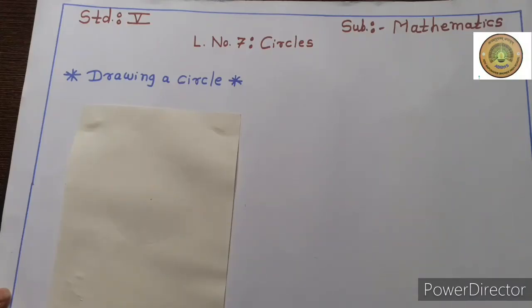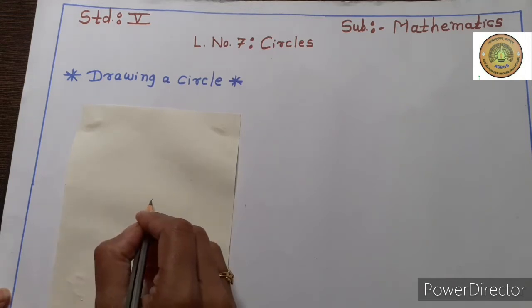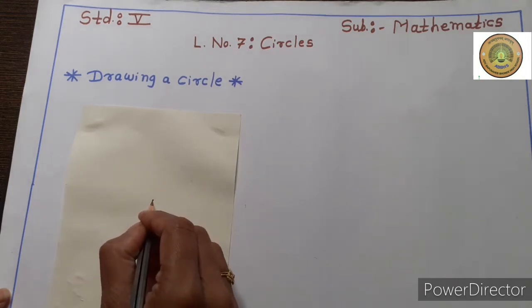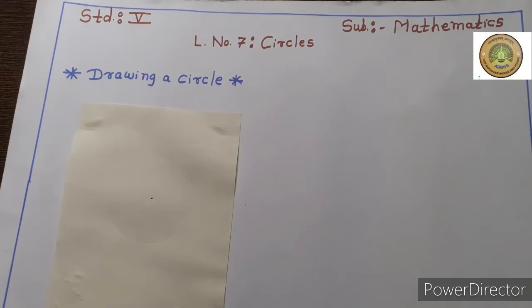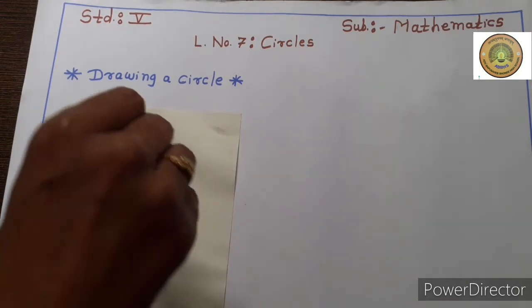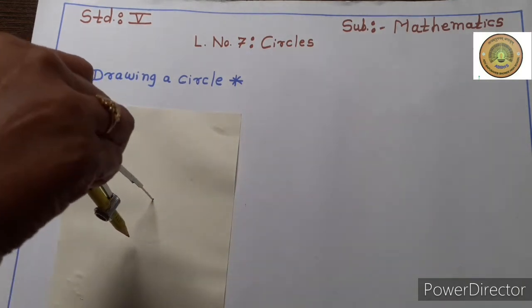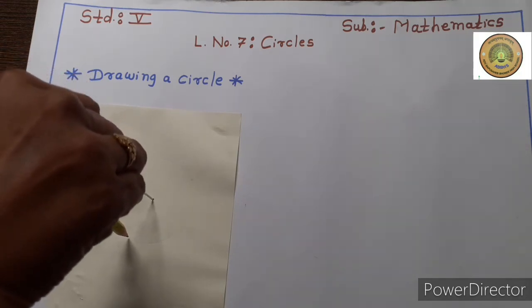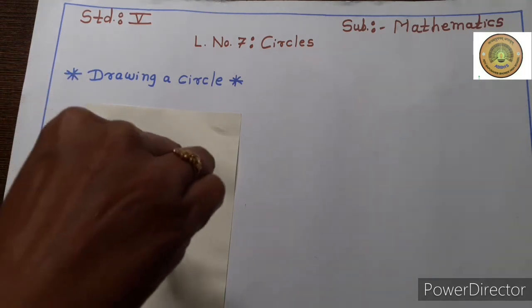Now take any point on the sheet. Here I have taken one point. Place the metal tip on it like this and turn the pencil around it.